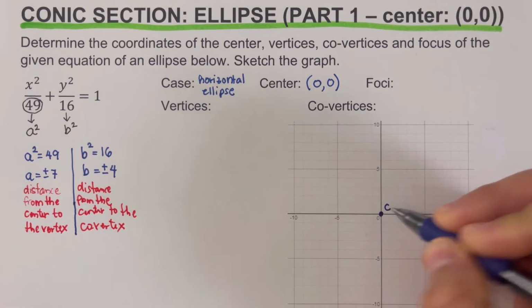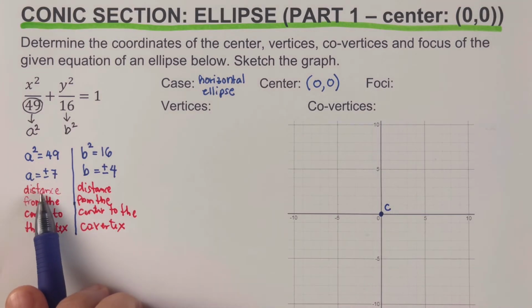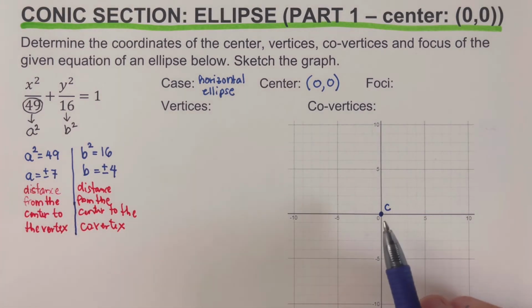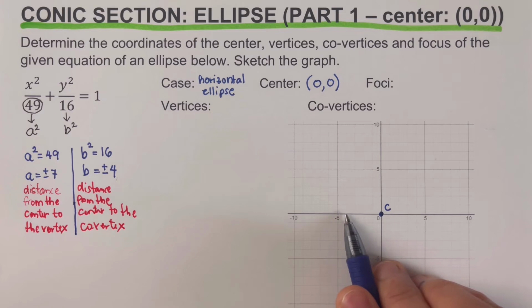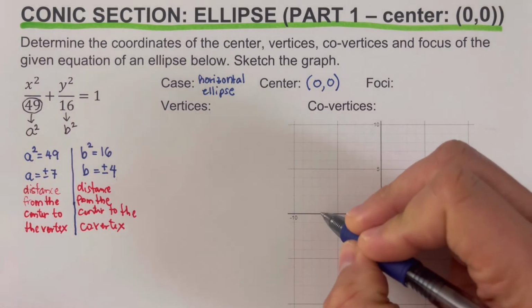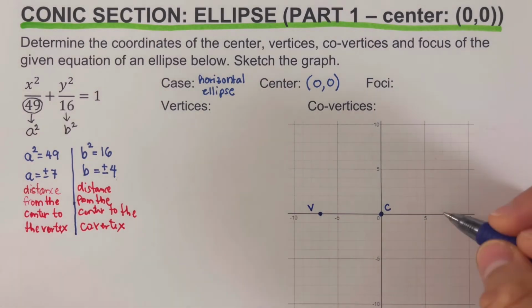So I'm going to label that as letter C. Now, we say that A is 7. So that's the distance from the center to the vertex. So we're going to count 7 to the left and 7 to the right. So that's 1, 2, 3, 4, 5, 6, 7. So this will be our vertex, and the other vertex is also across here. I'm going to label that as letter V.